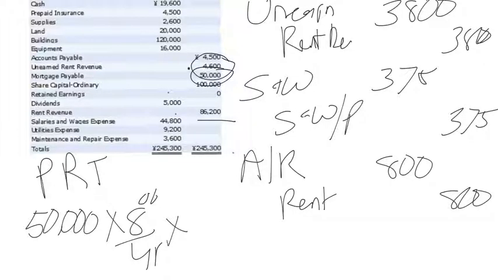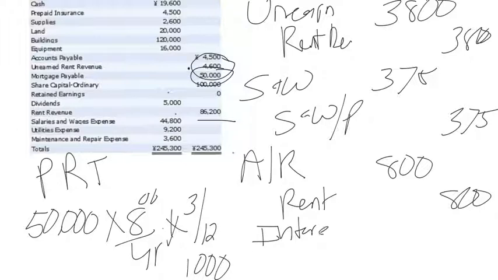Our time has to be in years. Well, in years, it's 3/12 of a year. So that comes out to $1,000 in interest. So the entry is interest expense and interest payable.